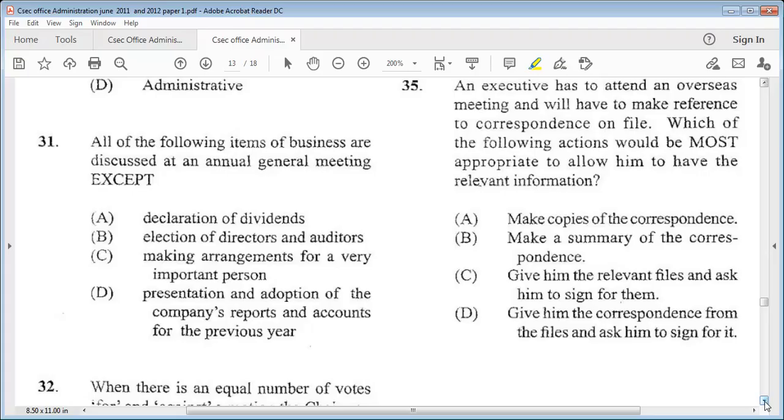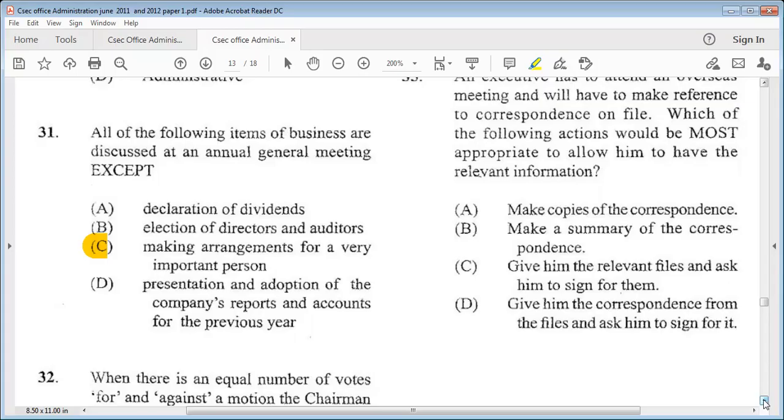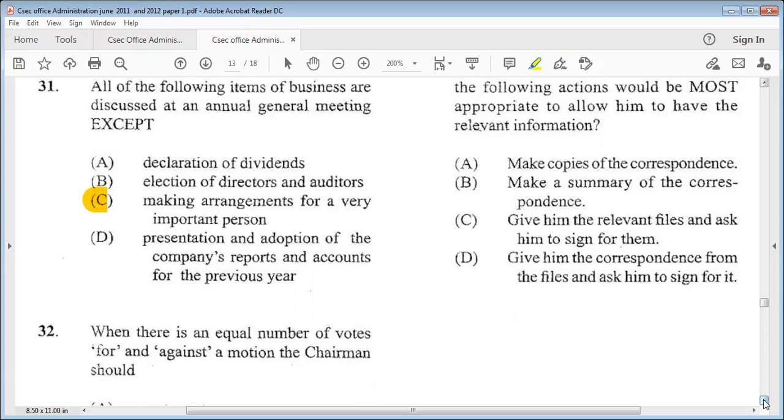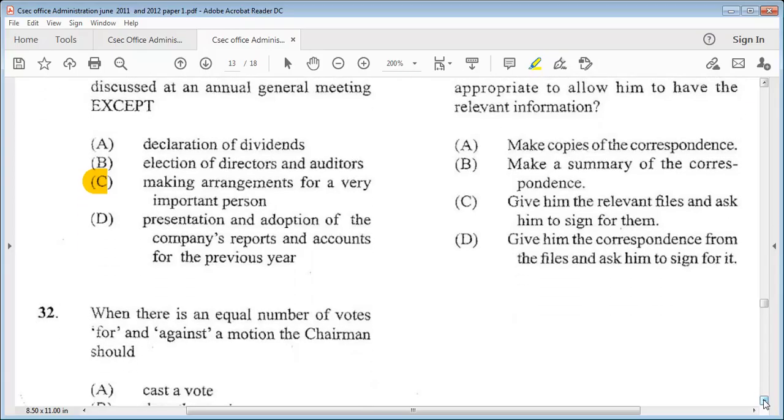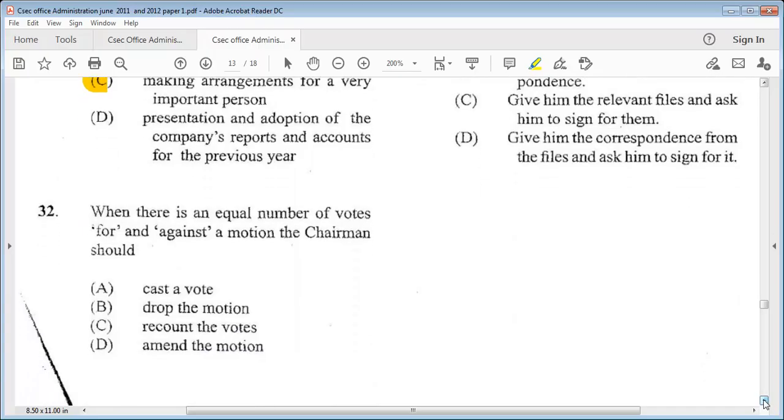Our answer would be C, making arrangements for a very important person. All the others are discussed, but this one is not discussed at a general meeting. So the answer is C. A, B, and D are what are discussed at annual general meetings. Let's go on to number 32.